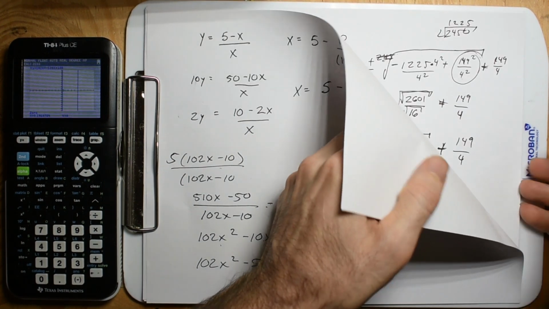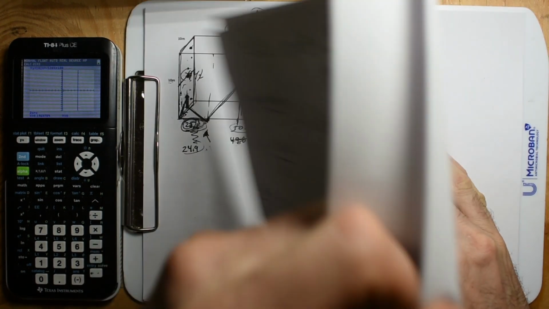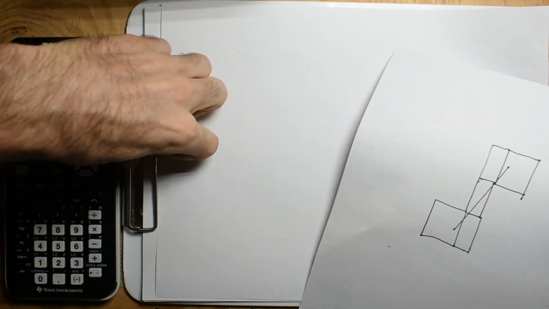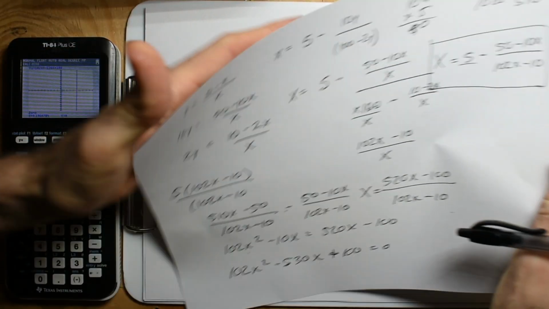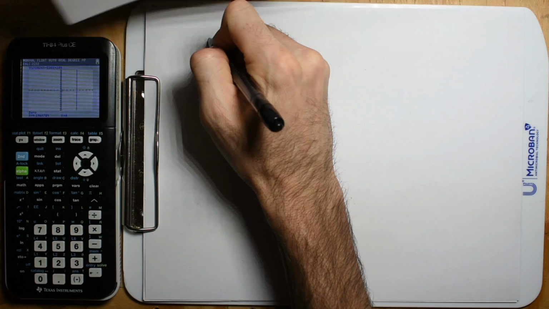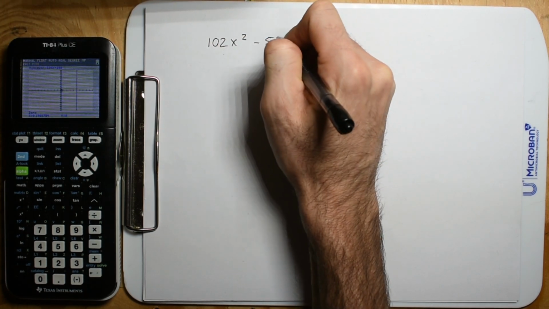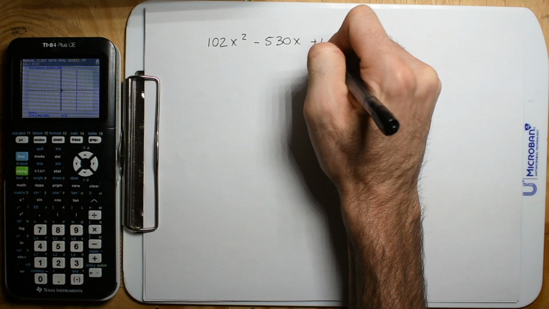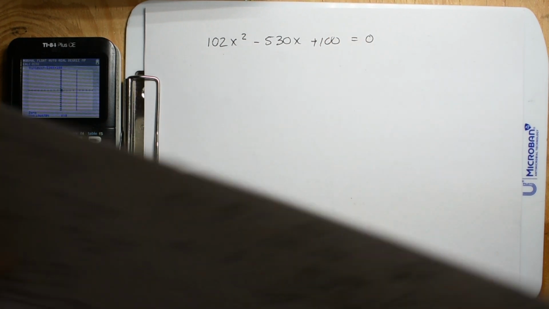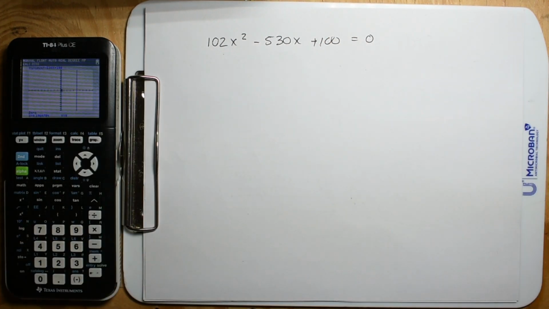Okay, so now what we're going to do is take this value, 102x squared minus 530x plus 100 is equal to 0, and we're going to complete the square.